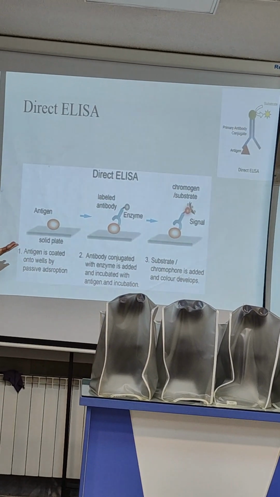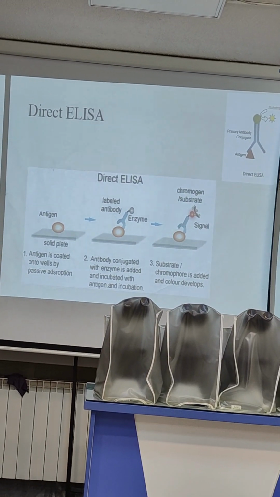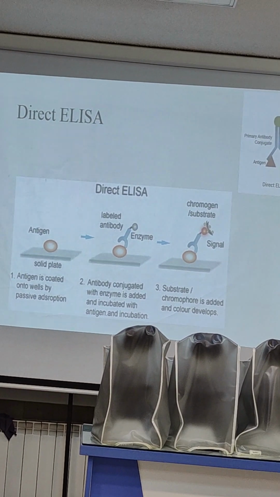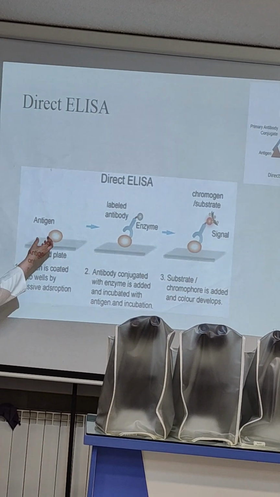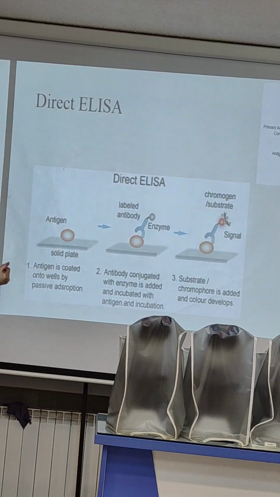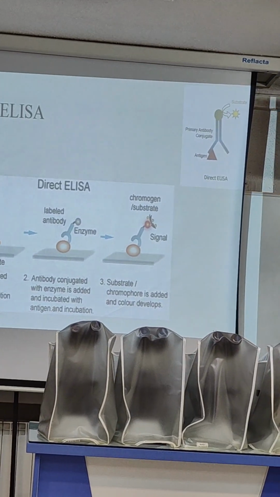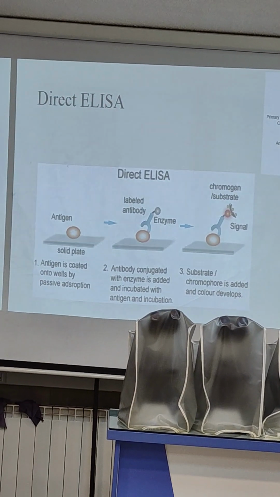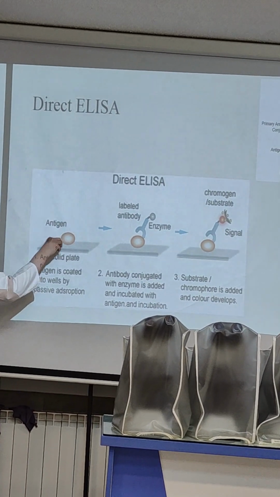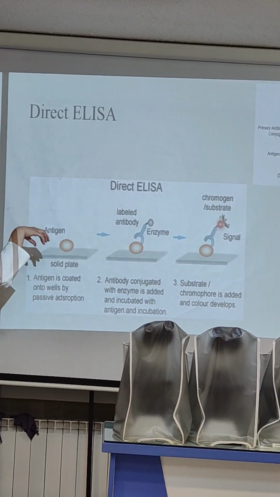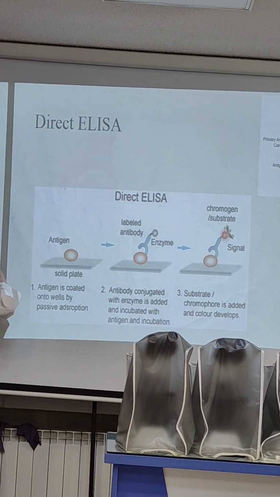Sometimes, when you buy an ELISA kit from a company, the company has coated the antigens on the well. What does coated mean? It means that you immobilize the reagents inside the well; it's immobilized inside the well.